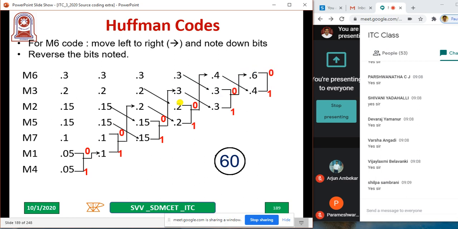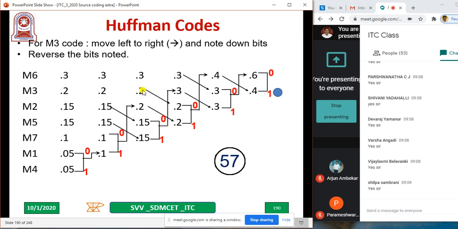I have another 0, 0, 0 will be the bits. If you reverse also, you will get 0, 0. Like that M3 if I do it, M3 also according to the direction will go according to the probabilities. 0.2, 0.2, again 0. Now I'll get 1. So write down the code word for all the symbols like this.